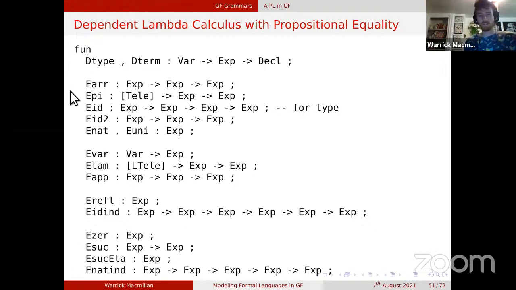Even though everything's an expression, I distinguish between the types and the terms in how I design this language in GF. So you have your arrow type, your pi type, which is the for all, or for every, in mathematics. You have your identity type. I put two different ones here with different arity, one with 2 arguments and one with 3.